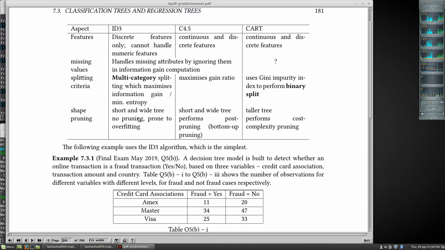Another bad thing is that the algorithm does not put in any pruning. The same mathematician who developed this algorithm proposed C4.5 to improve on this. But in C4.5 and CART, they start to perform binary splitting instead of multi-category splitting.